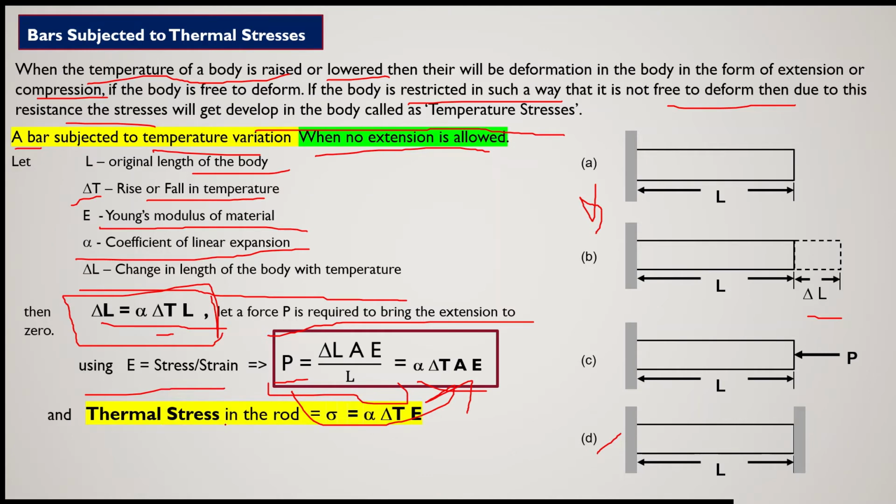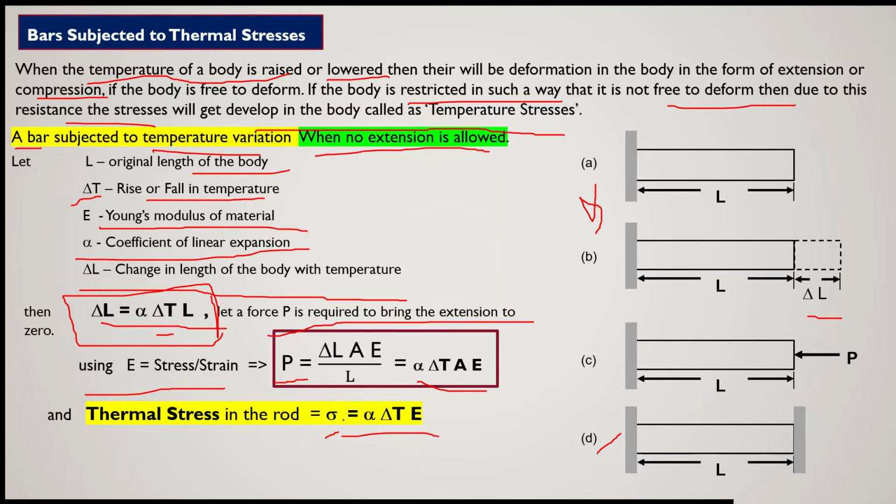So the thermal stress in the rod is equal to force upon area, that means sigma is equal to P upon A. From that we get the formula sigma is equal to alpha delta T into E. This is the formula for thermal stresses when a member is subjected to a delta T rise in temperature, where E is the modulus of elasticity and alpha is the coefficient of thermal expansion. Then this much stress will be developed in the member.